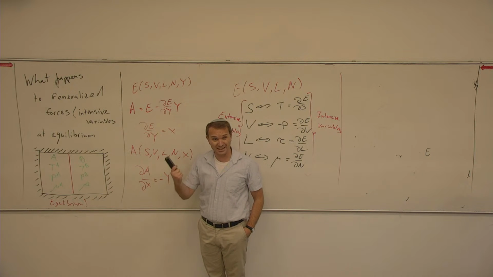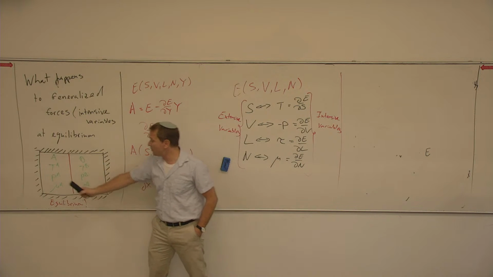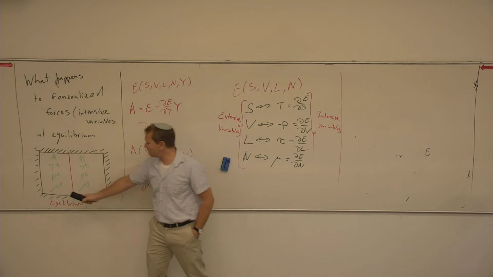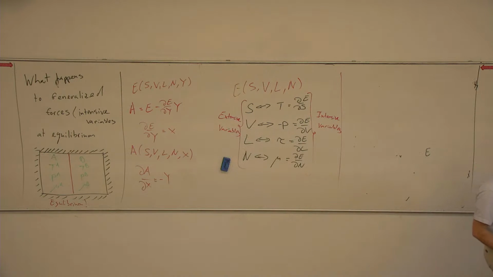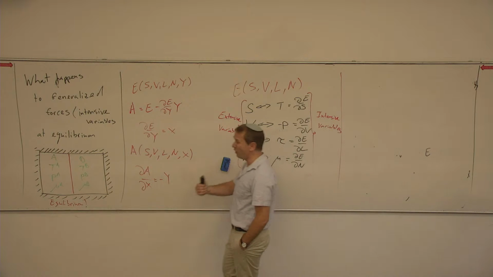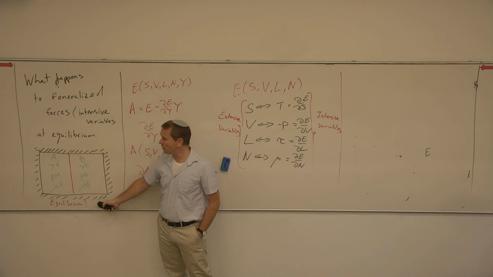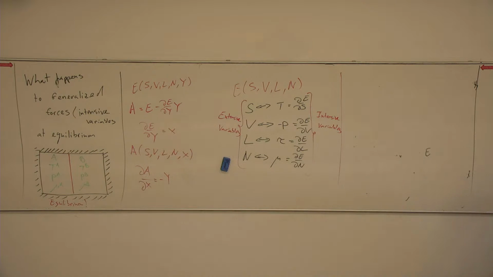So this is why I expect that T_A is going to be equal to T_B, the pressures are going to be equal, and the chemical potentials also have to be equal. But let's show it. The basic definition of equilibrium is no currents, so all the forces have to be equal. How do we show it?